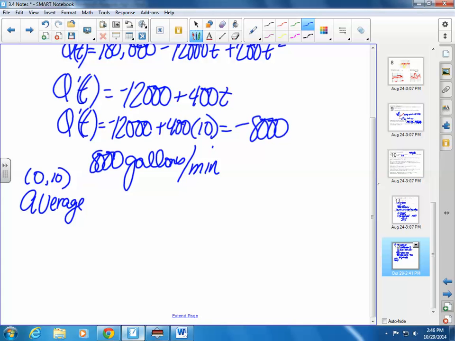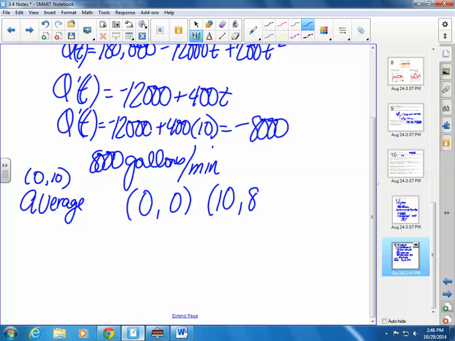At time 0, how much water is leaving? Nothing's really started yet, so 0. At 10 minutes, how much water is leaving? That's the 80,000 that you guys told me a minute ago?